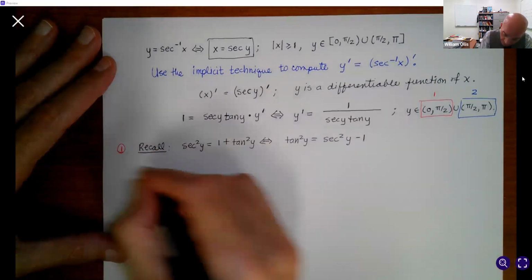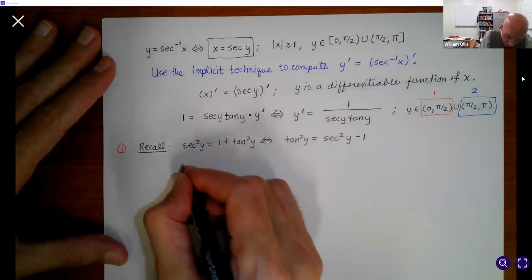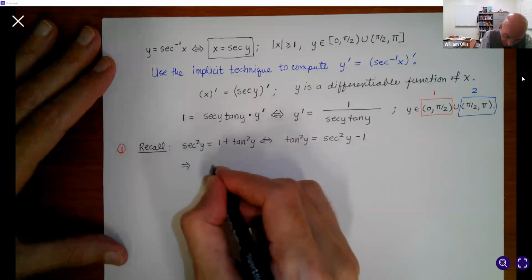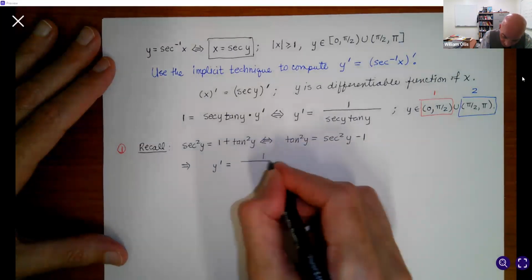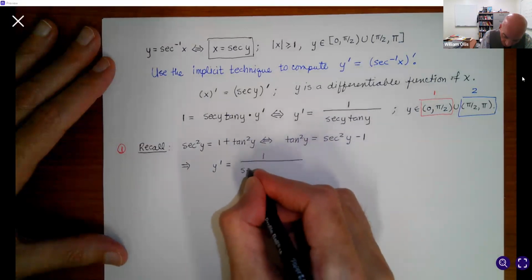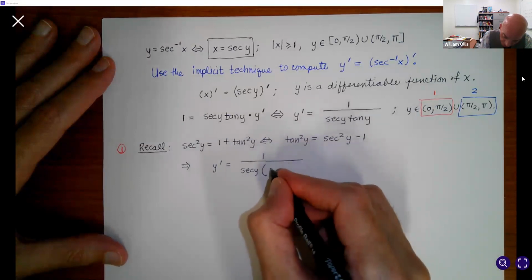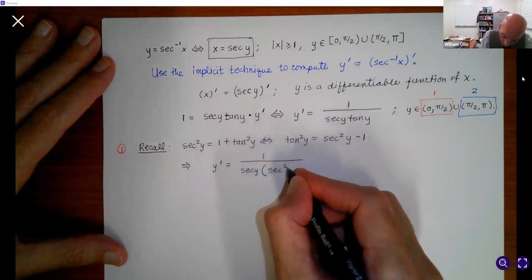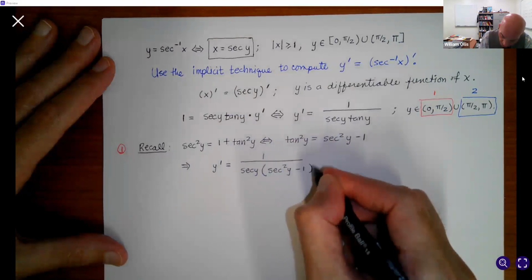So for number 1, as we notice here, the tangent has the positive sign in this interval. So this would imply that y prime equals 1 divided by secant y, and then I'll just use parentheses here, secant squared y minus 1 to the 1/2 power.